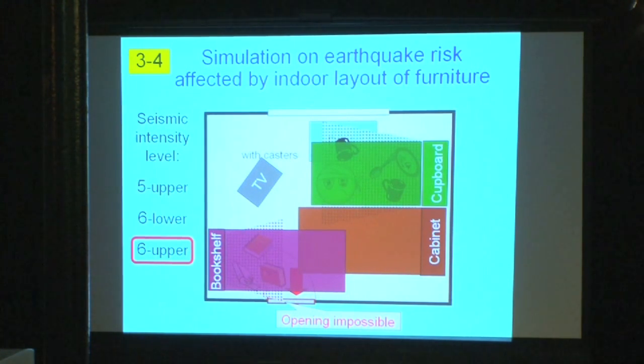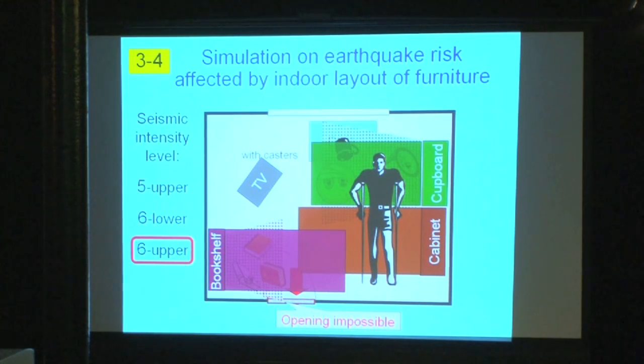So she or he may be severely injured. In this case, this window is the last exit. However, if this room is on the 3rd floor or upper, nobody can escape from this window.